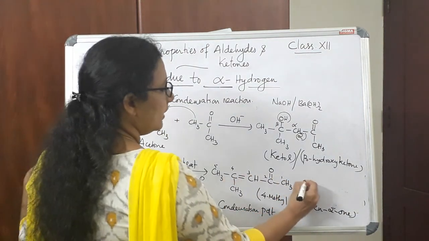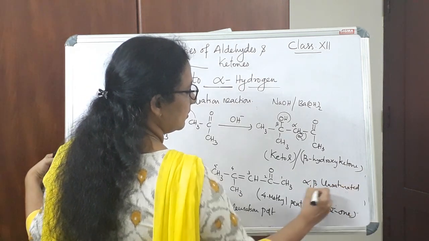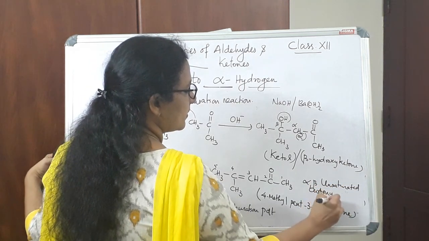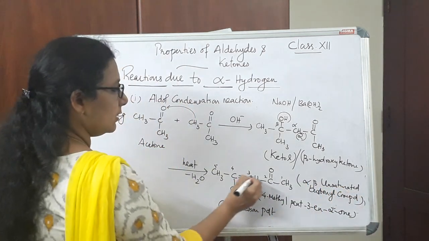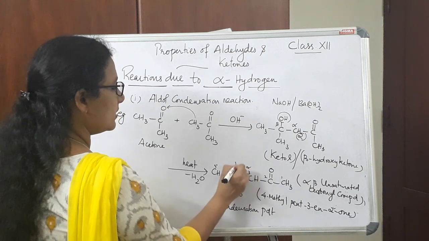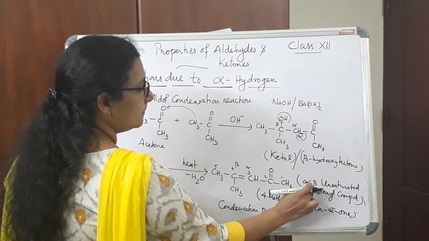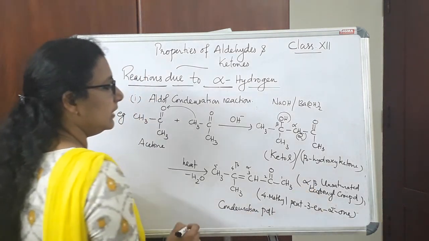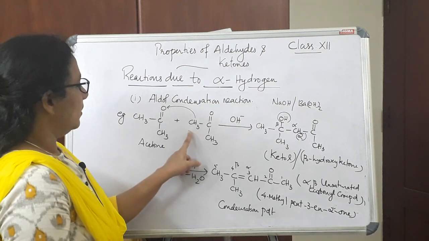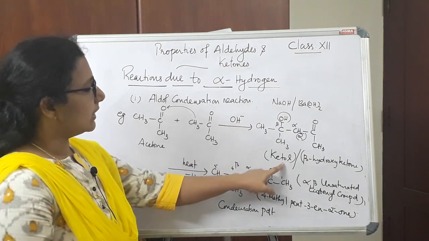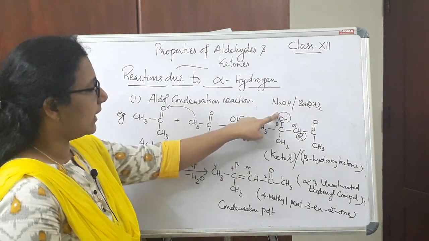So this is also called an alpha beta unsaturated carbonyl compound. In this case also the final product is an alpha beta unsaturated compound. This is alpha and this is beta. So in the case of ketone, in presence of a base, it produces a ketol where we can see two functional groups, one is a ketonic group and the other one is a hydroxyl group.